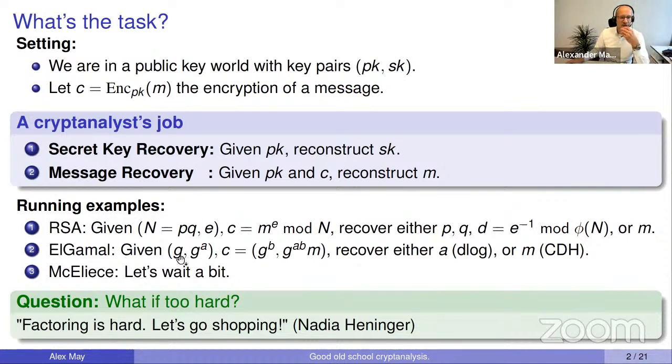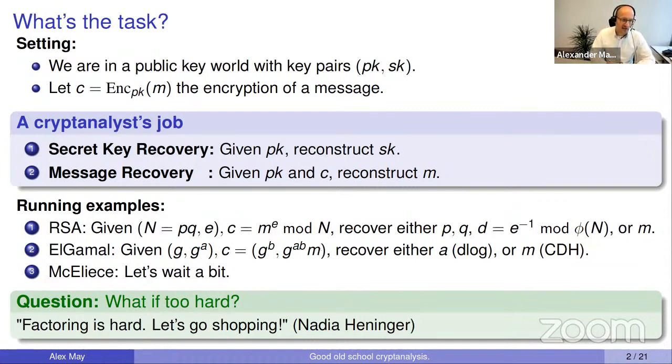You get a generator G of a group, you get G to the A. Your task in the discrete log setting is to recover A, or you can think of plain El-Gamal encryptions. You get G to the B, G to the A, and G to the A times B times M. Your task is to recover the underlying message M, and this is equivalent to computational Diffie-Hellman. It's enough to compute G to the AB, and then obviously you can recover M.